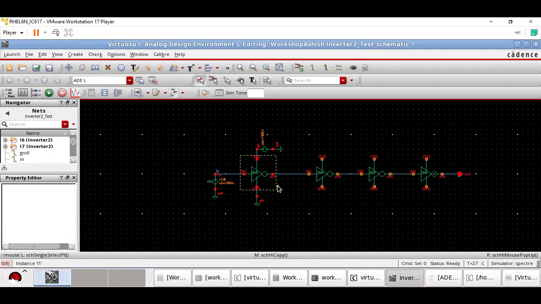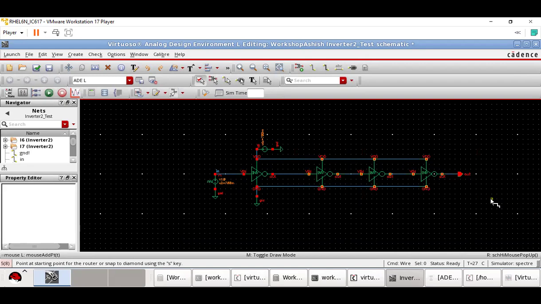Right? And what about their VDD? You can join the VDD with the same source. Now you join the gate ground with the similar ground all around. That's how simple this circuit is. This is a fan out of 4 circuit.